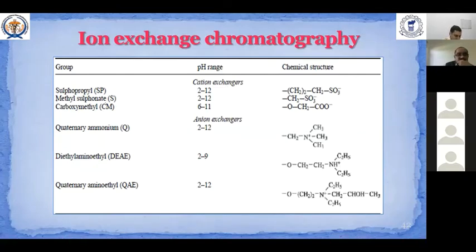The cation exchangers are sulfopropyl, methyl sulfonate, carboxymethyl. Carboxymethyl is a weak cation exchanger, whereas sulfopropyl and methyl sulfonate are strong cation exchangers. In anion exchangers, quaternary ammonium and quaternary aminoethyl are strong exchangers, whereas diethyl aminoethyl is a weak exchanger.